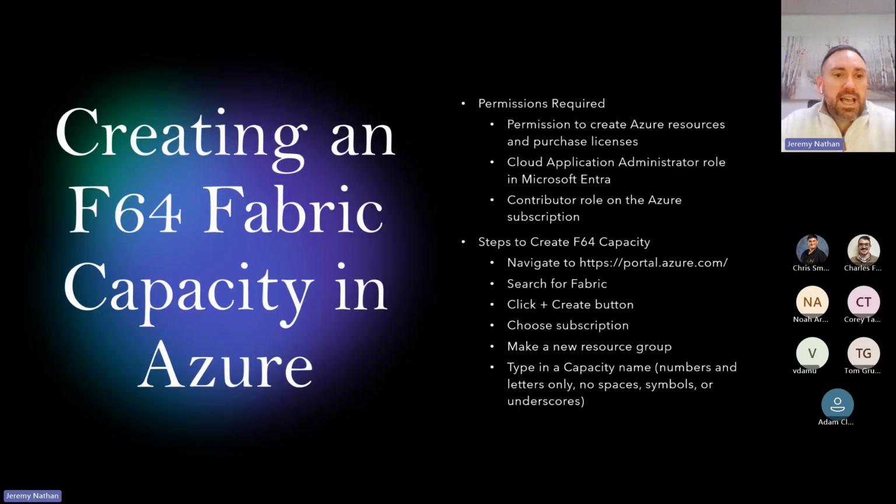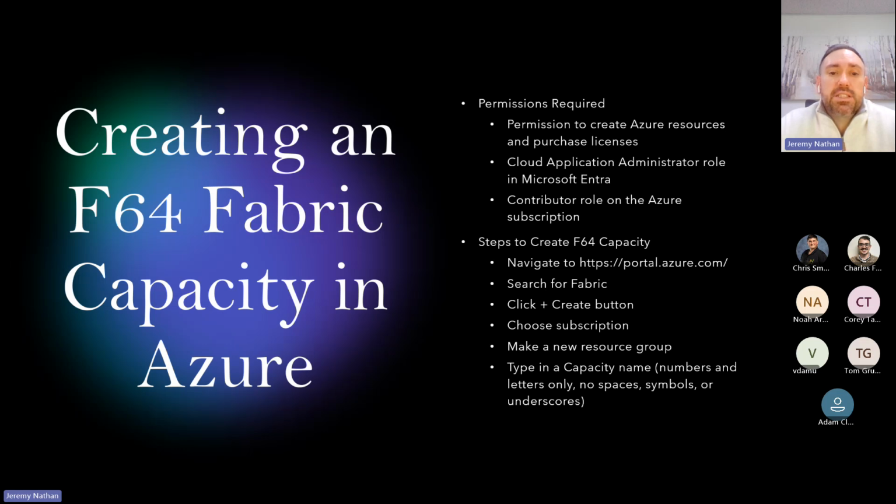So let's look at creating F64 Fabric capacity in Azure. First, let me tell you the permissions that you need to do this. You have to be able to create Azure resources and purchase licenses. Let me go to the next permission to show you this. So you need to have a Cloud Application Administrator role in Microsoft Entra, like it says on this slide.